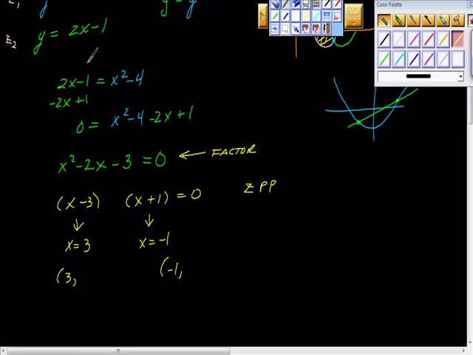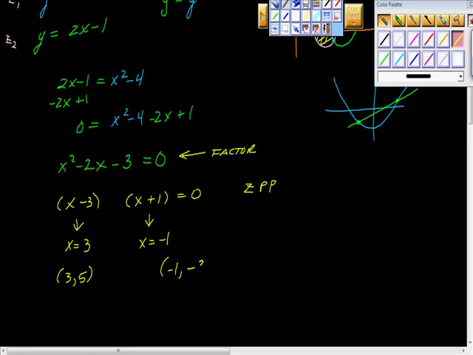Go back and plug the value into one of the equations. When you plug the value back in, I believe we get the point 3, 5. 2 times 3 is 6, minus 1 is 5. And for negative 1, 2 times negative 1 is negative 2, minus 1 is negative 3.